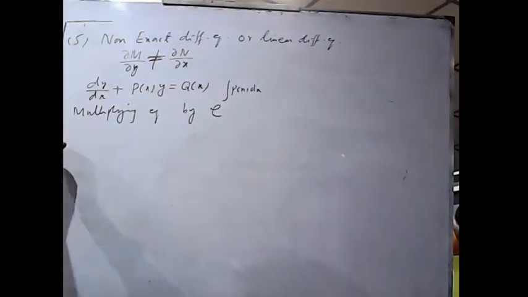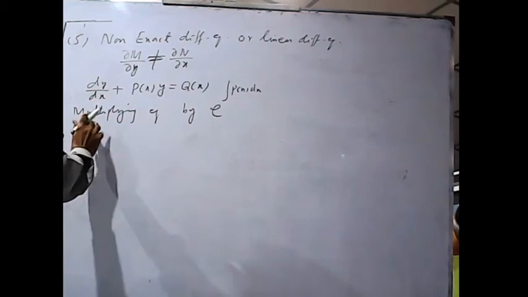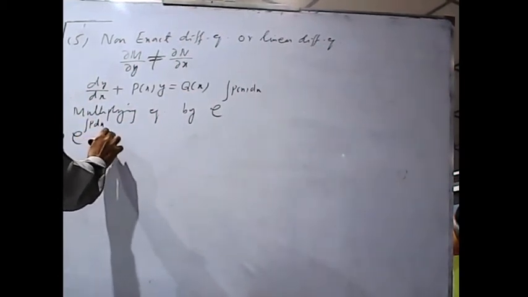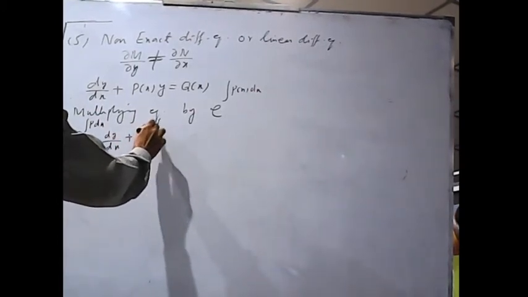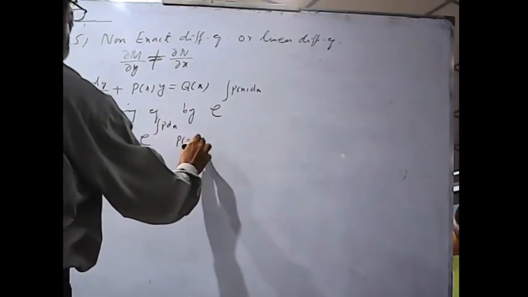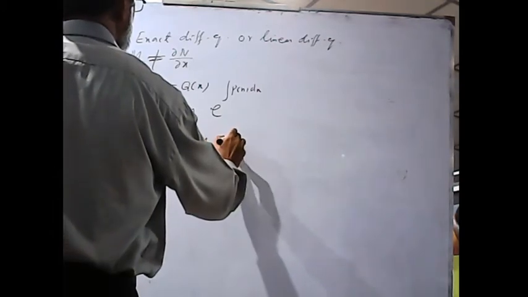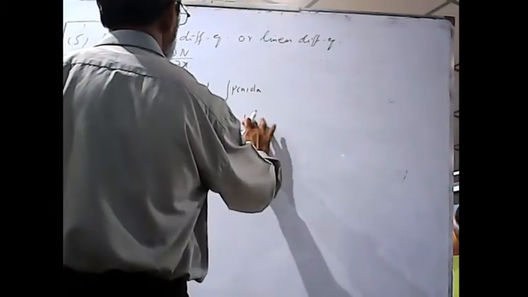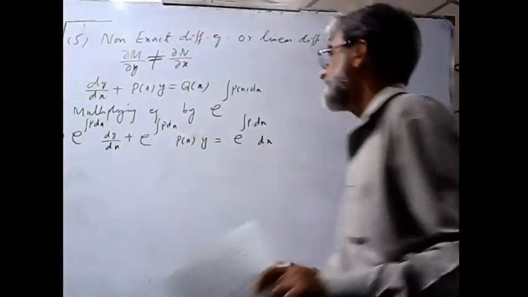Multiply each term, so the whole equation becomes e to the integral p dx times dy by dx plus e to the integral p dx times p y is equal to e to the integral p dx times q of x.